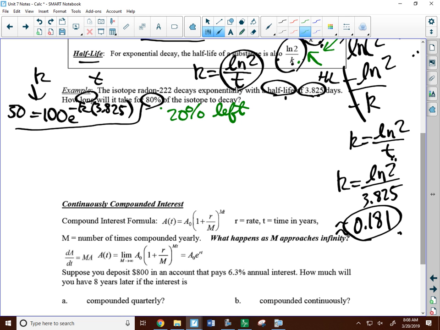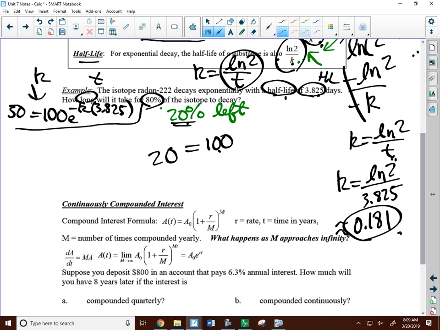So let's set up our equation. P of t equals the initial amount. Now, they didn't give us any initial amount, right? That's fine, I make one up. I basically always choose 100. I don't know, I just like 100. 20% is left over, 80% is decayed, so we're at 20.